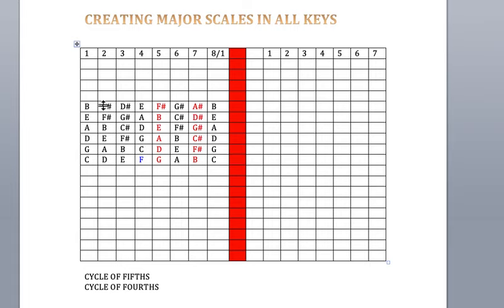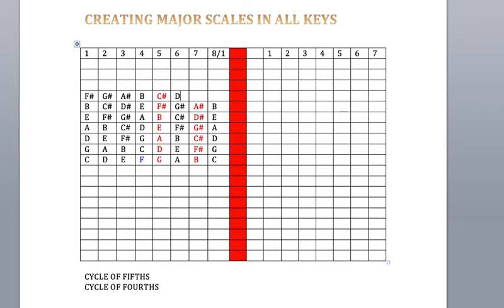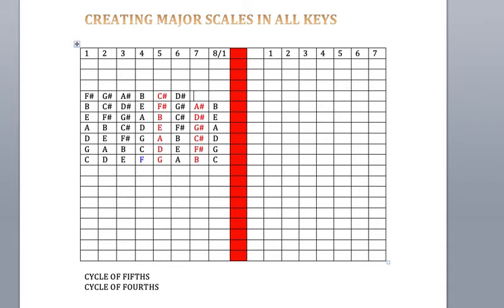Now we go to the next one. We count 1, 2, 3, 4, 5. So the fifth one is F sharp. We pick all the notes in the previous one, which is F sharp, G sharp, A sharp, B, C sharp, D sharp, E, and F sharp.